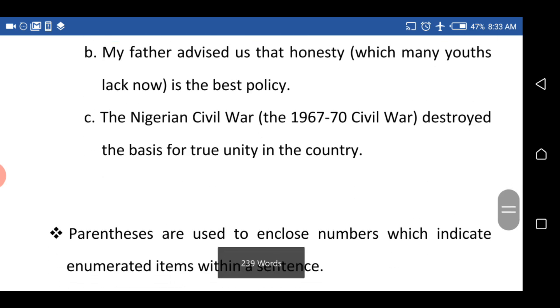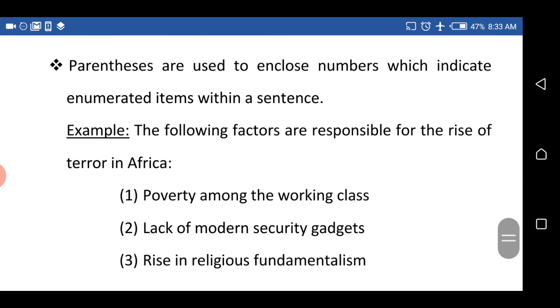Also, parentheses are used to enclose numbers which indicate enumerated items within a sentence. Example: the following factors are responsible for the rise of terror in Africa. (1) You can see the 1 is enclosed with parentheses.